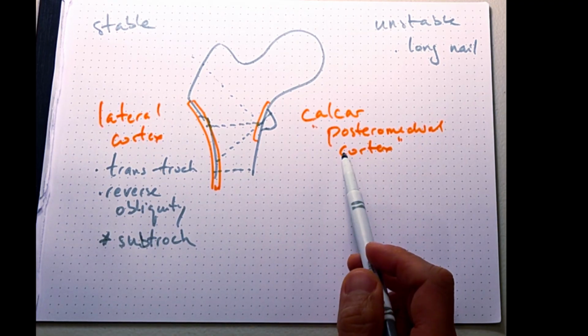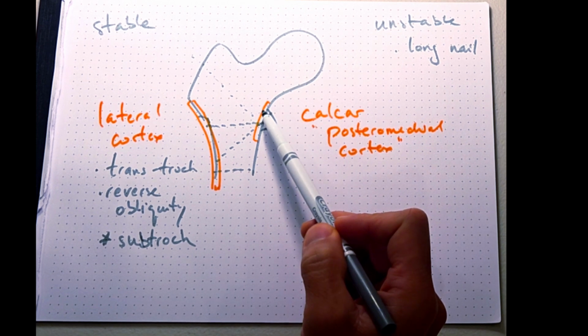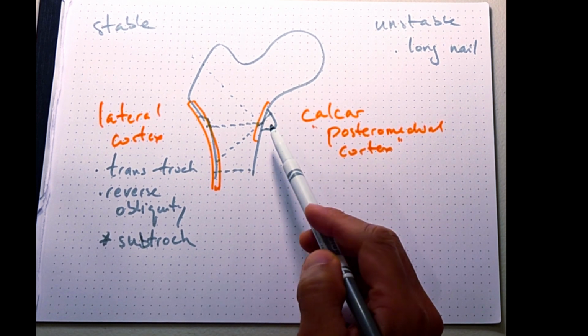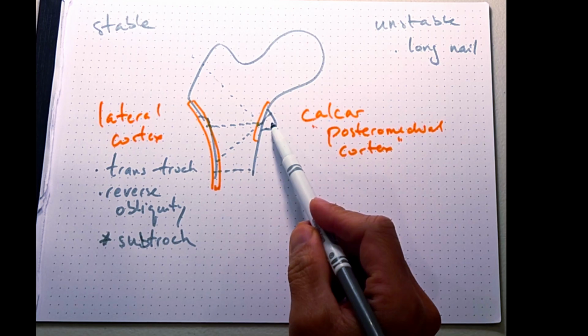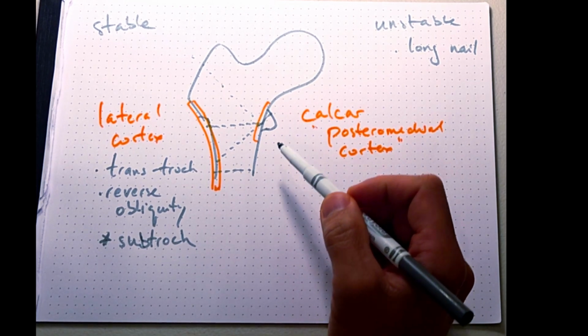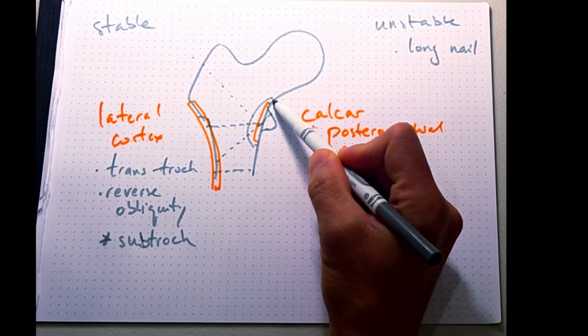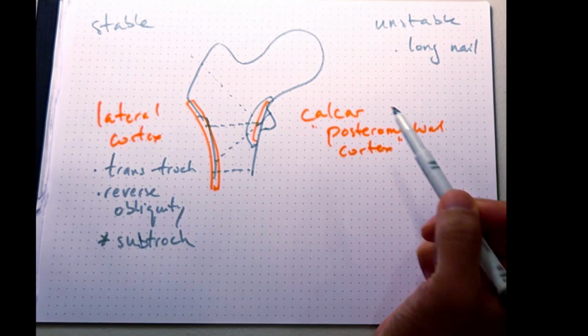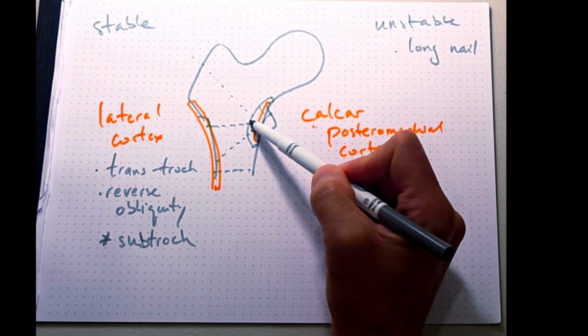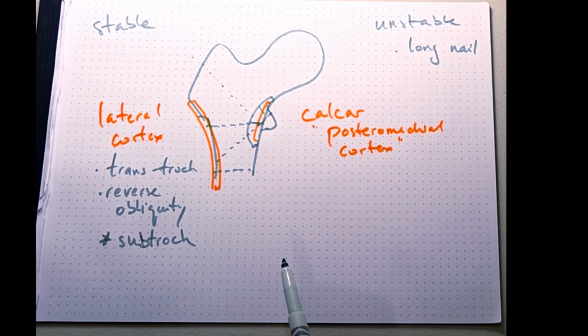The other reason this would be unstable is if the posterior medial cortex, or the calcar, is unstable. You can use the lesser troch as a corollary for this, but just because the lesser troch is fractured doesn't mean it's unstable. If you see a large lesser troch fracture, that would be cause for concern, or if the calcar is comminuted, that would suggest this is very unstable.